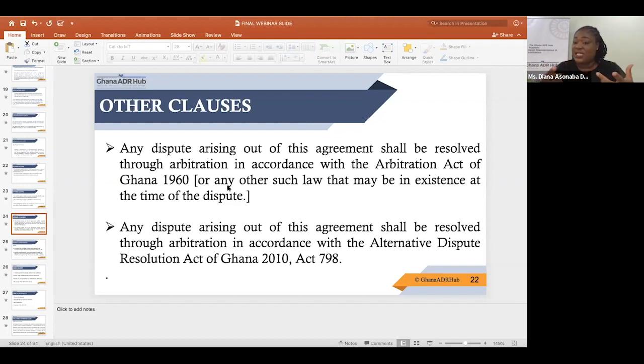But then what it means is that parties may have to be specific on who will be the arbitrator, and who will be what we call the appointing authority of the arbitrator, so that in situations where an arbitrator dies or perhaps resigns, or decides not to move on, who do you go back to? Now, the converse is that if you choose an arbitral institution like the ADR Center, the Ghana Arbitration Center, MCIArb, etc., their rules make provision for some of these situations which may not be foreseen. So issues of language, who reappoints, etc., are all dealt with under an arbitral institution.